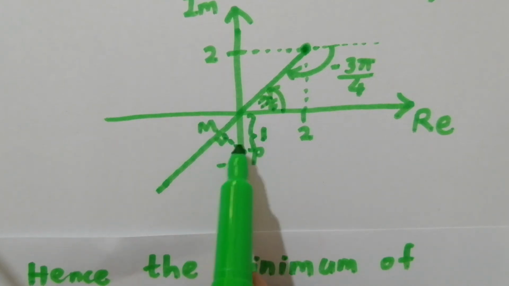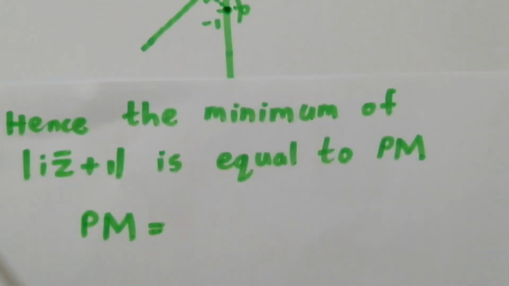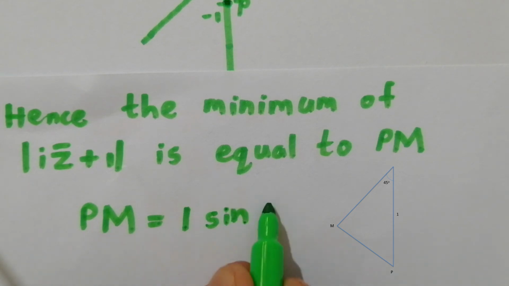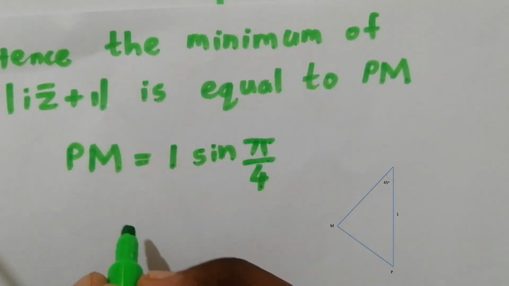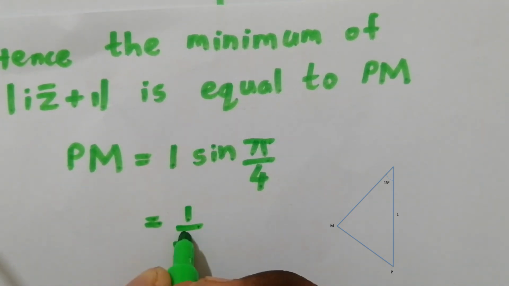Then PM, you can take it as 1 times sine pi upon 4. Sine pi upon 4 is 1 upon root 2. Then the minimum value is 1 upon root 2.